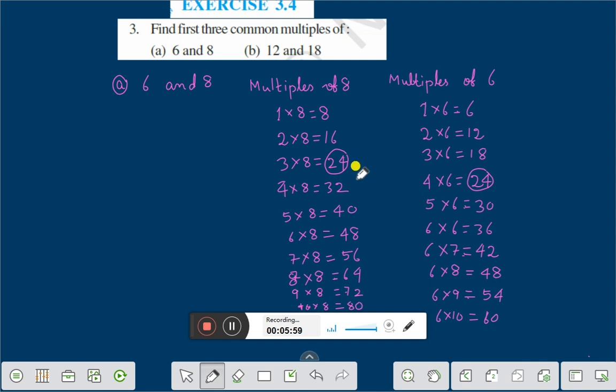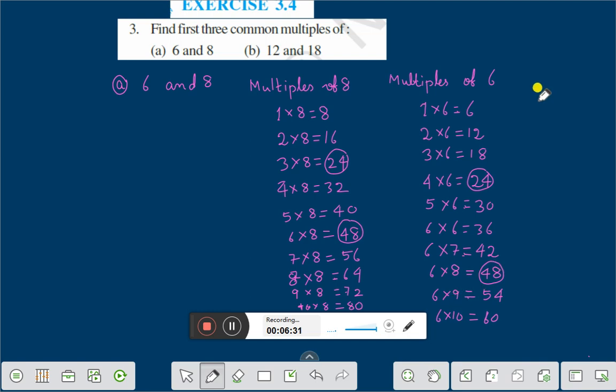After that you will get 48. 48 is common also. And the next one is after 80.